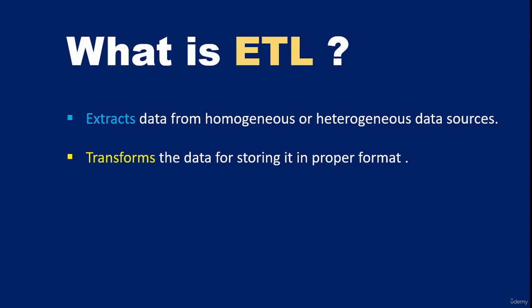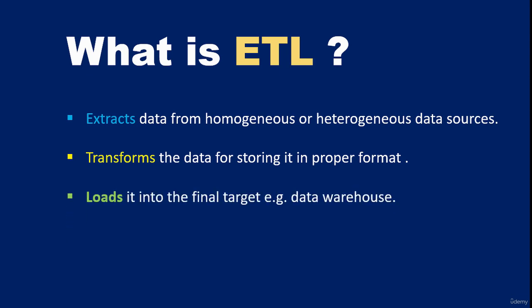So you can use the transform process to transform the data into a proper format according to your business requirements. And then you can use the load process to load the transformed data into its final destination or target, which could be a data warehouse or data store.